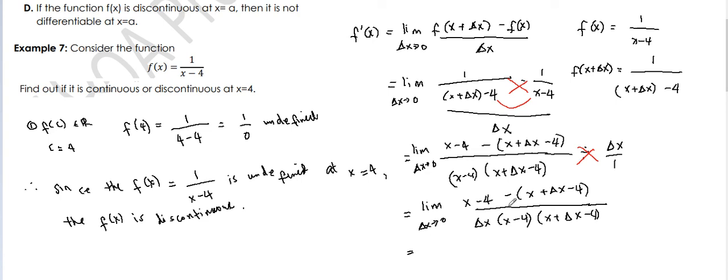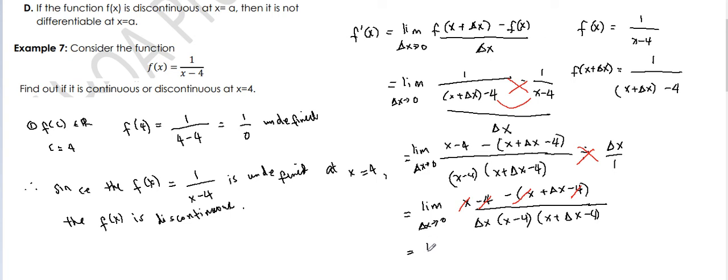Okay, so this time, pwede na nating ilagay ang ating pong value, no? Or simplify muna natin. So we have x minus x is 0, negative 4 minus negative 4 is 0, and may iwan na lang ay negative delta x sa taas.